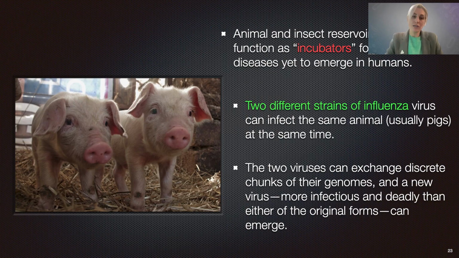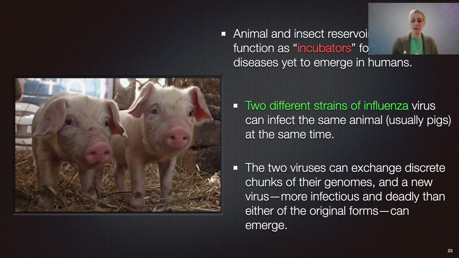We can also look at how viruses spread within these animals. Because these animals are so close, we're more likely to have two viral strains coming in. They can actually recombine within the cells. So viruses move into the cell and within the cell start replicating. If two viruses infect the same cell, the genetic material of these viruses can be exchanged and make what we would call the next superbug.